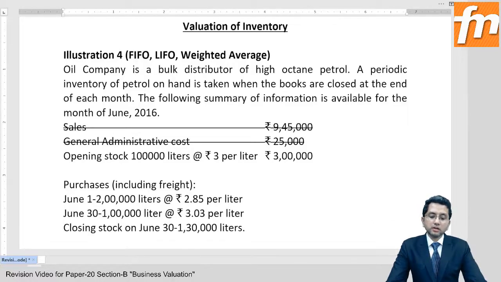And closing stock on June 30th is 1,30,000 liters. Okay, so opening stock was 1 lakh, purchase was 3 lakh, total was 4 lakh, and out of 4 lakh, you are saying 1,30,000 is in stock. It means 2,70,000 units are sold. Fine, perfect.